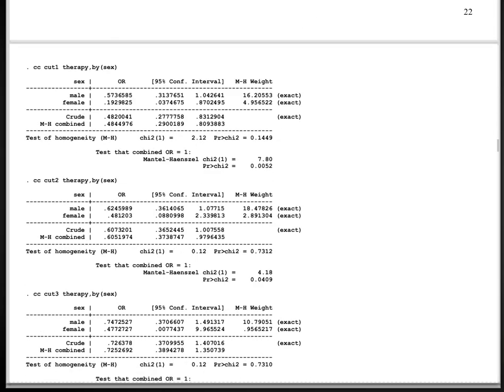So this is the odds of anything but progression for those receiving alternating relative to the odds of anything but progression for those receiving sequential. And this is consistent with what we've seen before. Now we're getting odds ratio estimates that are less than 1 because the numerator is alternating and the denominator is sequential. And this is repeated with each cut.